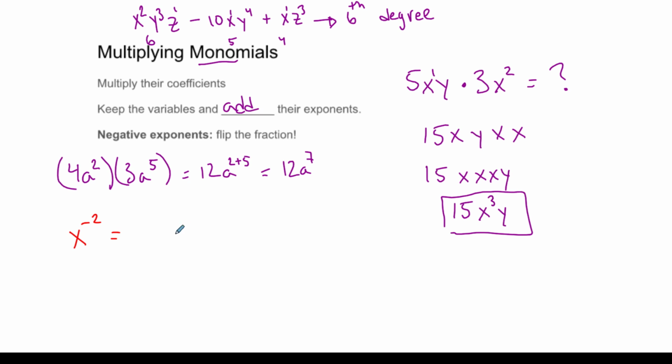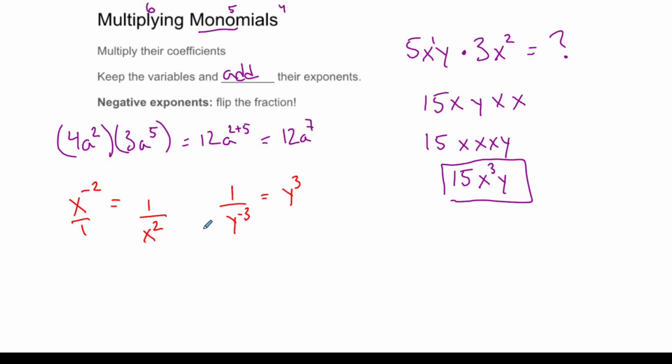What that means is you're going to think of this as a fraction, and when you have a negative exponent, that means whatever your base is, it has to flip to the other side of the fraction. So if you had a negative exponent on the bottom, that means that it goes up to the top and becomes positive.